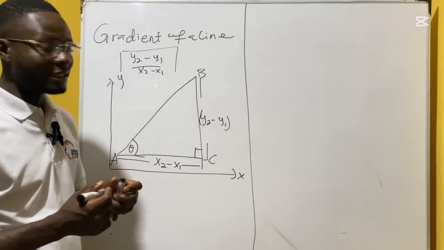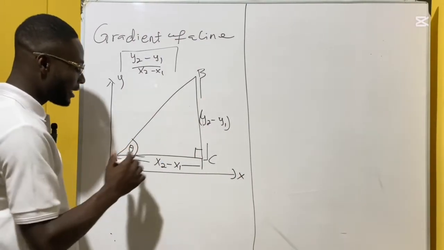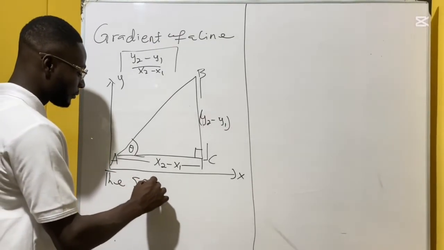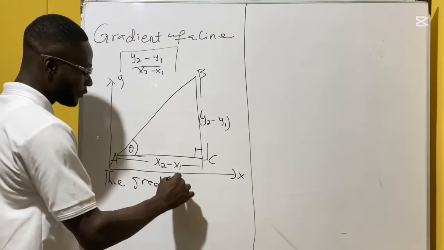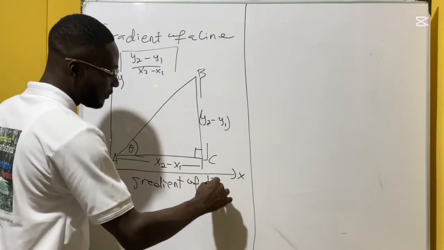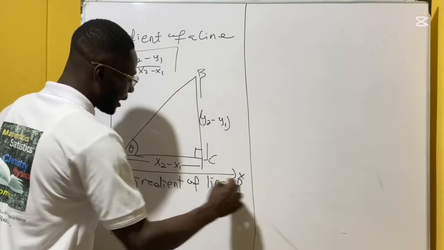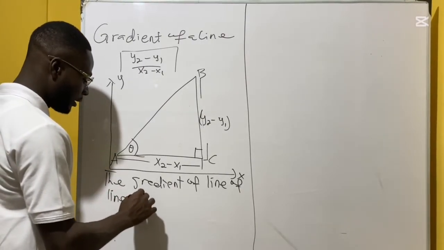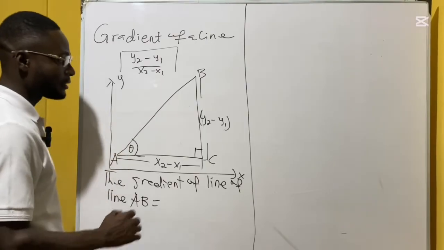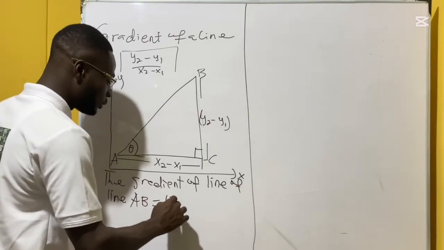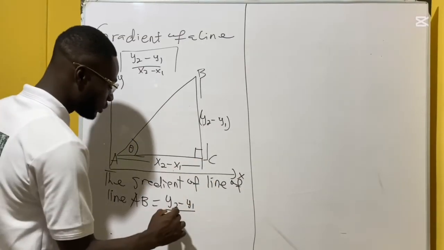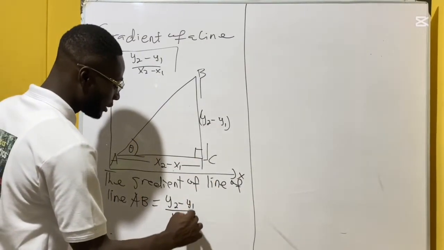Now, the gradient of line AB is giving us y2 minus y1 over x2 minus x1.